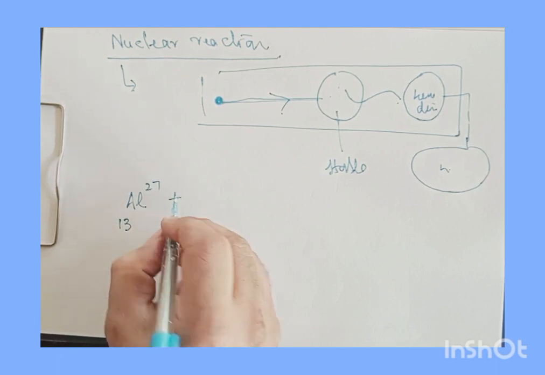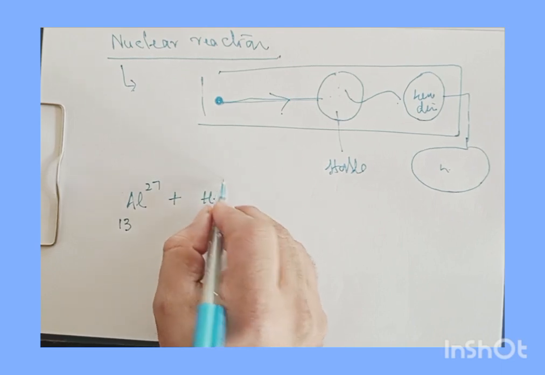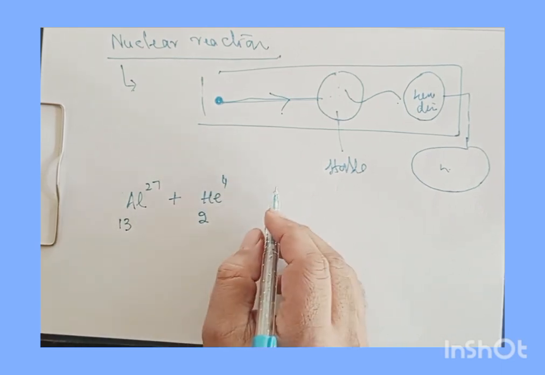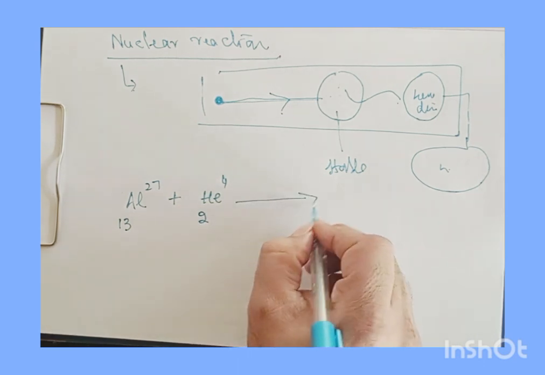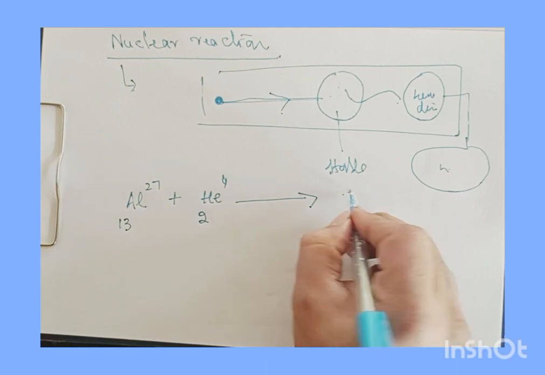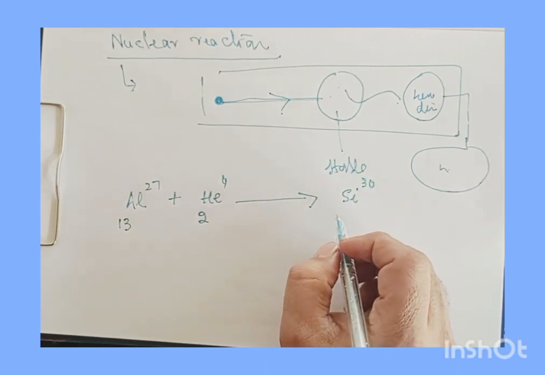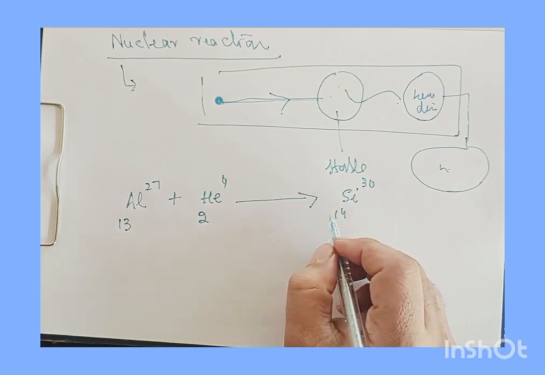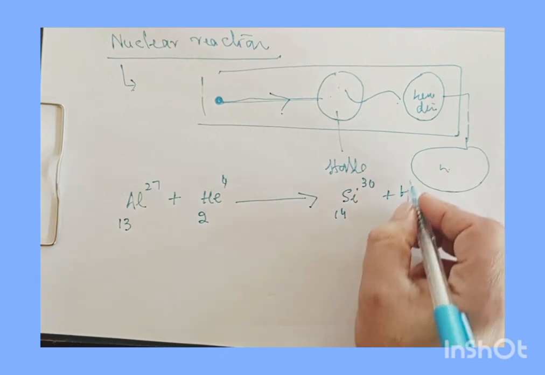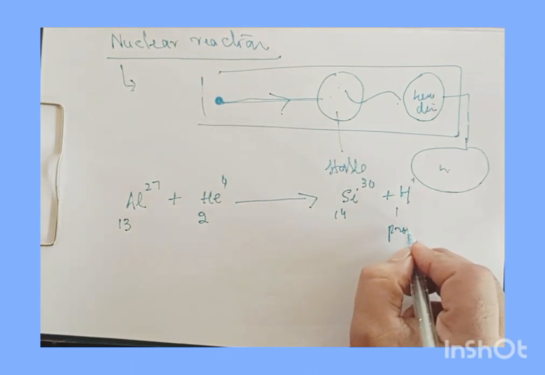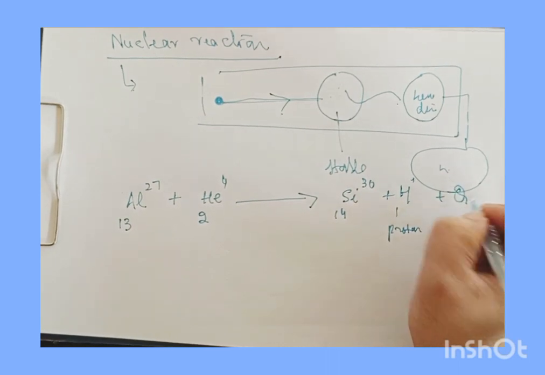And if I subject this aluminum to the alpha particle, that means He4 and 2, which has no electrons in it, and what we get out of it is we get silicon, with mass number 30 and atomic number 14, plus we get a proton. We get a proton, and in addition to this, we get energy.